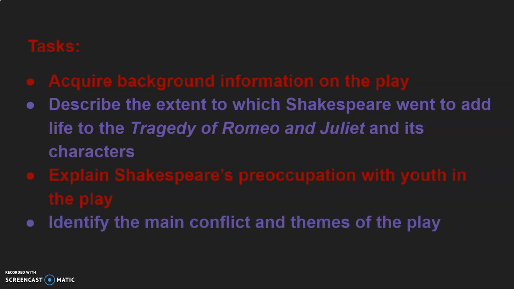You should be able to identify the main conflict and themes of the play based on this background information you're going to read. And you should be able to describe how Shakespeare reveals his tone towards the various characters. And so all of that will be fleshed out for you on page 344 in your textbook.